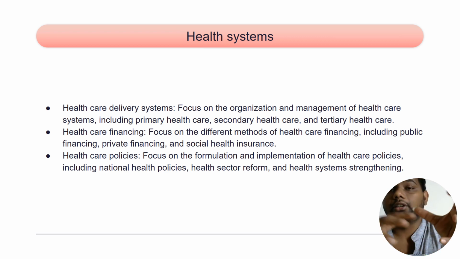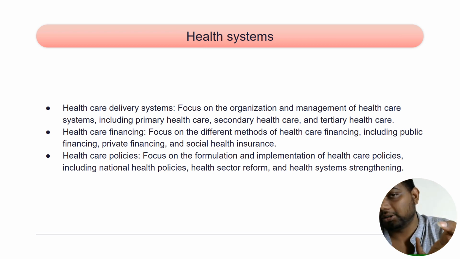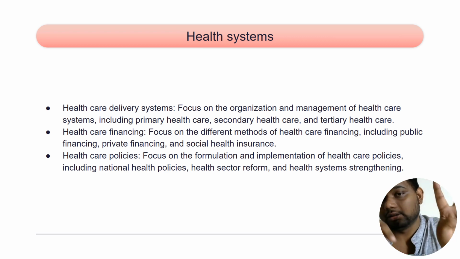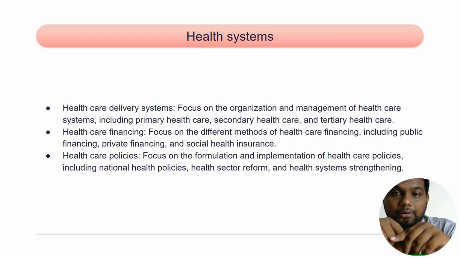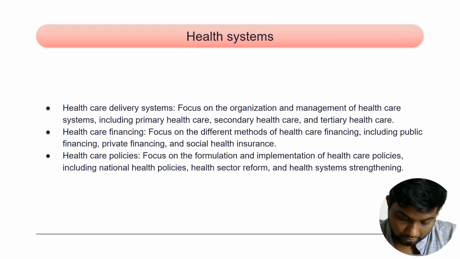Out of those major sections, healthcare system, environment and health, communicable and non-communicable diseases, and epidemiology are the 4 major divisions you have to cover in PSM that you should not miss at all. So with this, we are completing PSM.